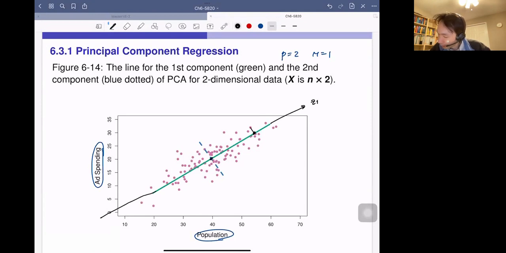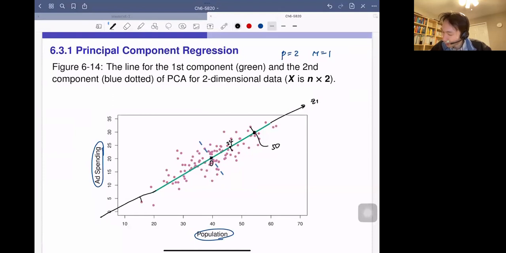Maybe here at the center Z1 is 0, and this Z1 value is maybe 50 or something, and this Z1 value maybe 24 or something, and this Z1 value is maybe -80 or something. If we project all points onto this green line, then that includes the most information in this data set.